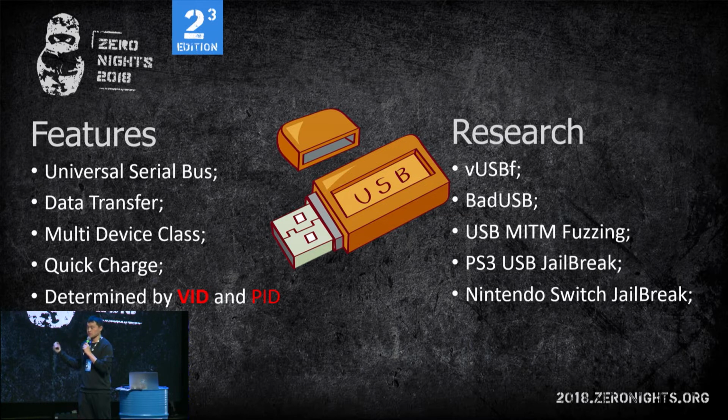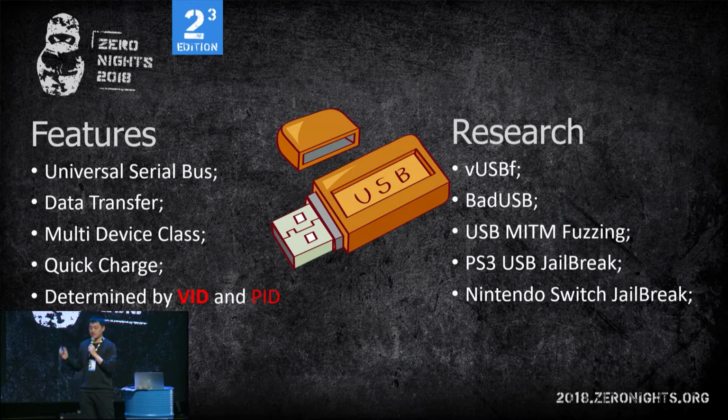The second most famous USB research is about BadUSB. You can use the device to simulate a keyboard or a mouse to do some malicious work on the victim PC.